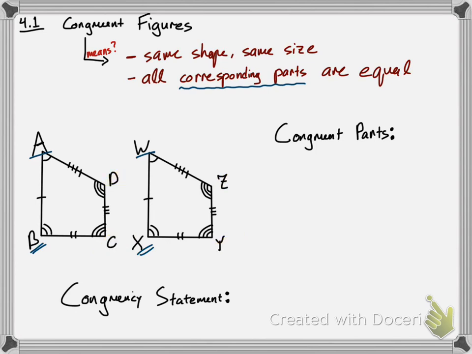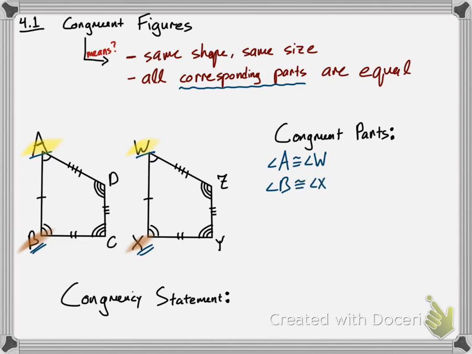And we can use our tick marks to determine which parts are congruent. So for example, here we see that angle A and angle W, they both have the same tick mark. So we know that those two are congruent. Same for B and X. They both have two tick marks.